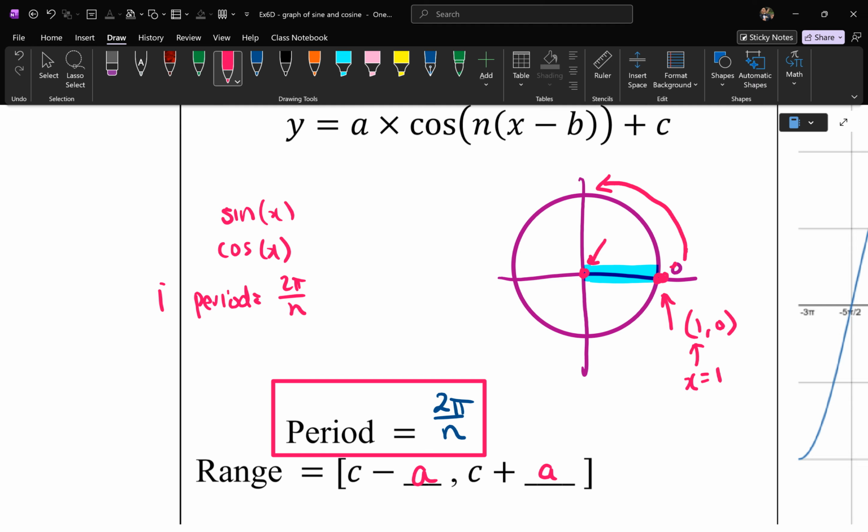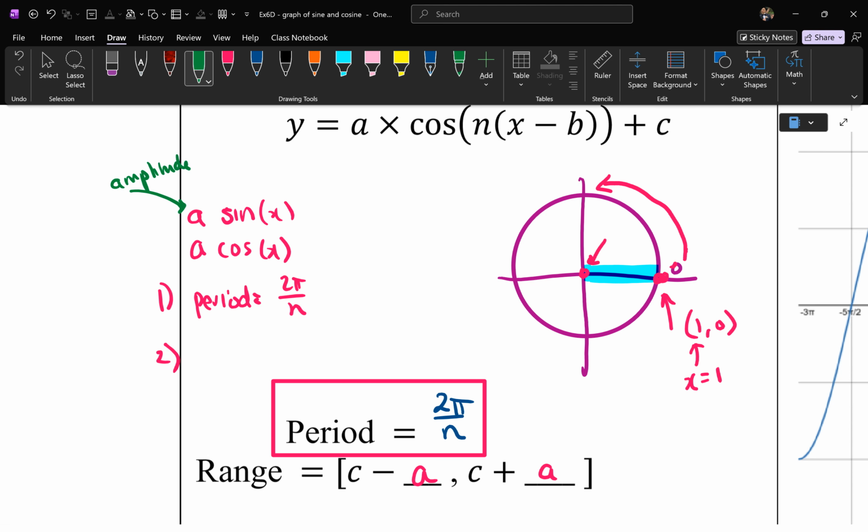That's number one. Make sure to have those notes if you're not familiar with it. And then number two, A determines the range. Okay, so the range is determined by A. A is the amplitude. So if you don't know that, write it in.